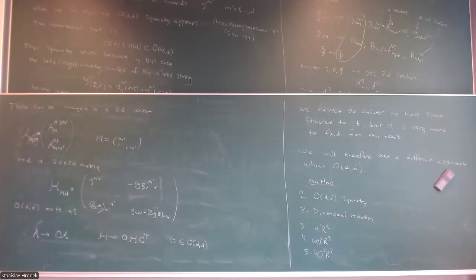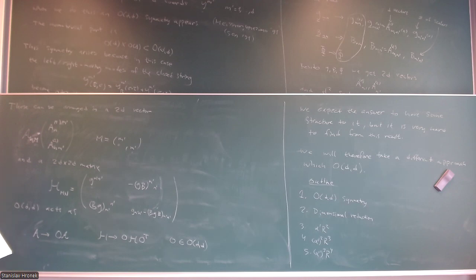I see. So one of those OD factors will still mix these two. Okay, so this is not the fundamental representation of ODD. Yeah, this is not the best way of writing it. For now, we just use the coordinate indices.